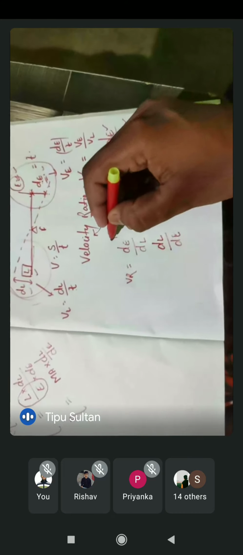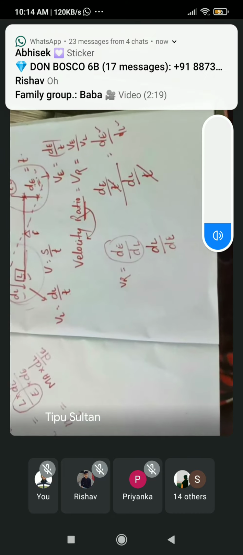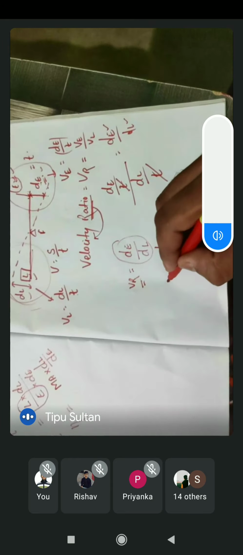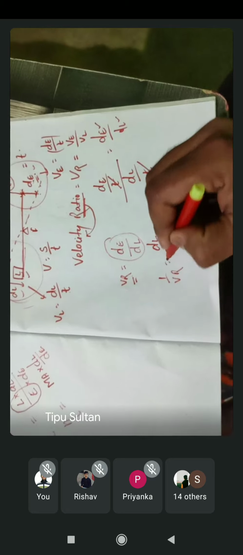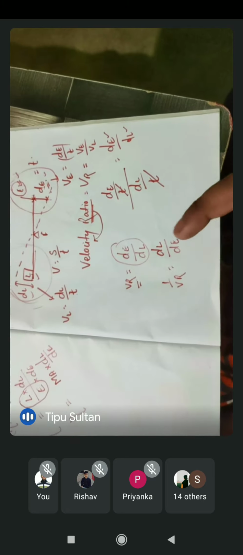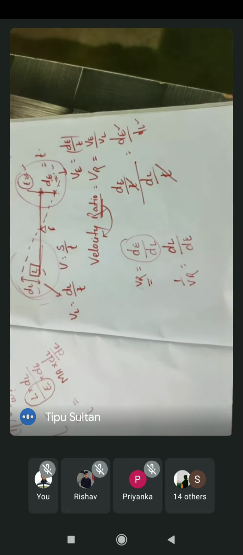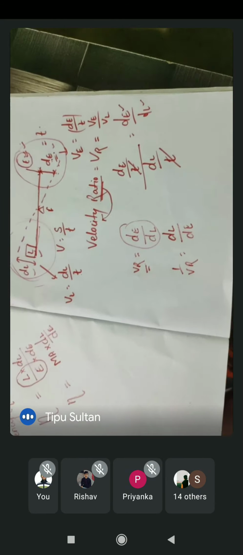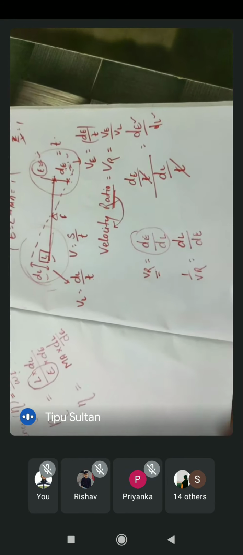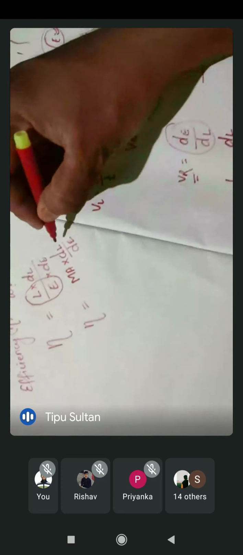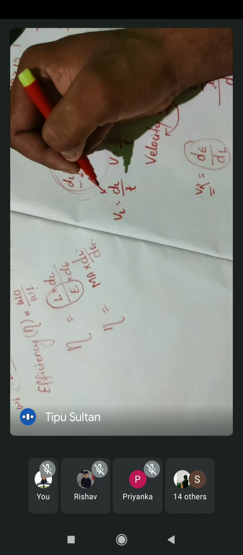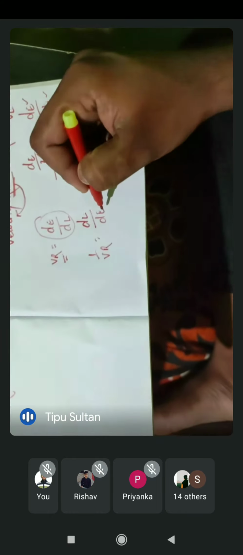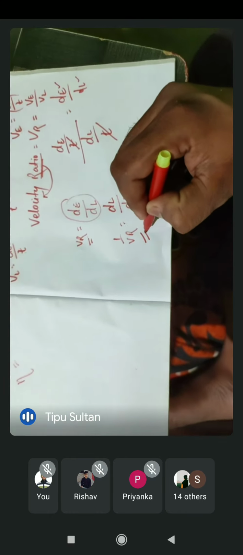So if you take the reciprocal of this, you have to take the reciprocal of that, so velocity ratio becomes 1 by VR. Did you get how it comes? Only we have taken the reciprocal. Why? Because here dl by dE is there, so we have to find the value of dl by dE. So dl by dE is equal to 1 by VR. Can we put that there?